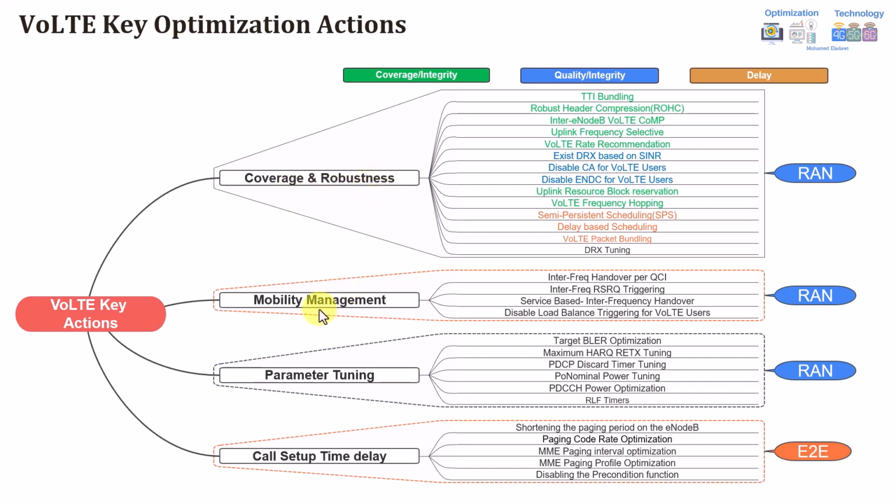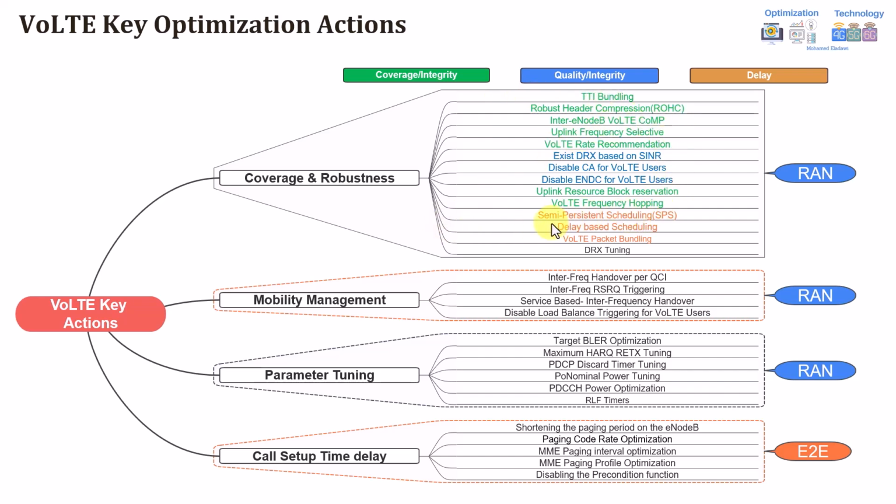Then you have mobility management, where you can improve the network performance through improving the layering strategy, and you have different features. Then we have some specific parameter tunings, for example, tuning the maximum ROHC retransmission. Then you have some actions more related to the end-to-end view, which can improve the VoLTE call setup time delay. So our main focus would be in the first area, which is related to the main features of VoLTE.